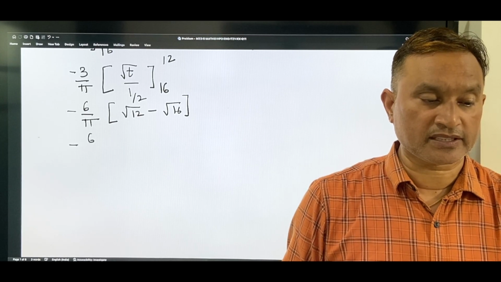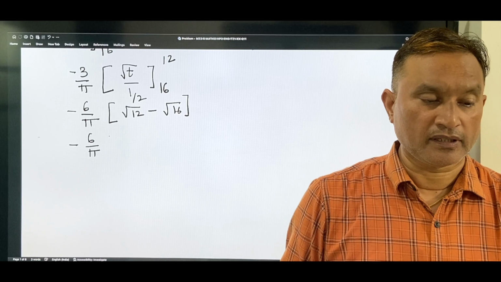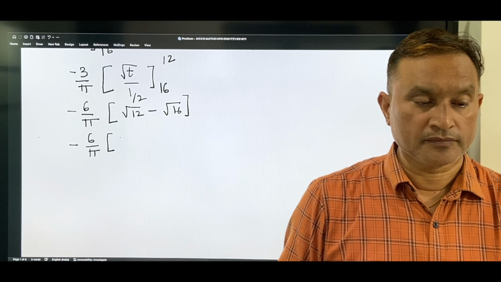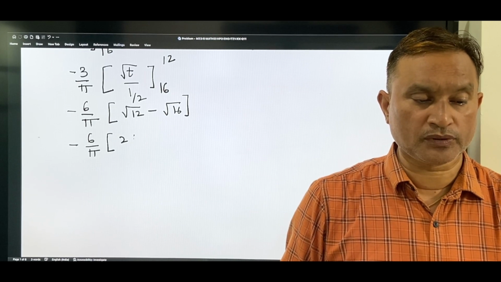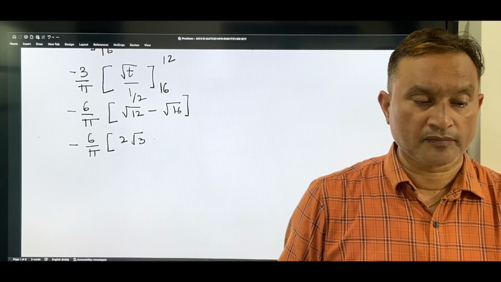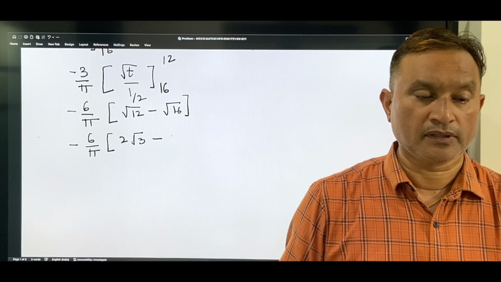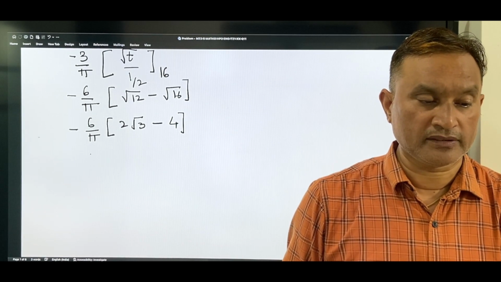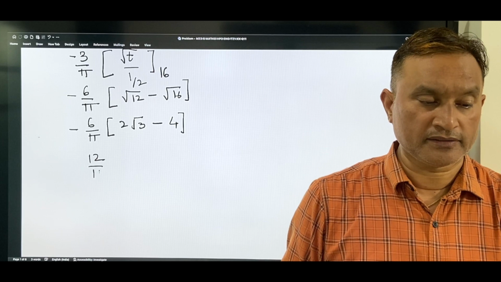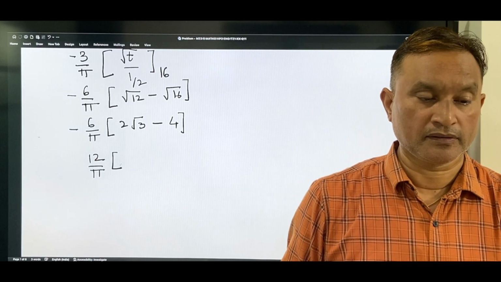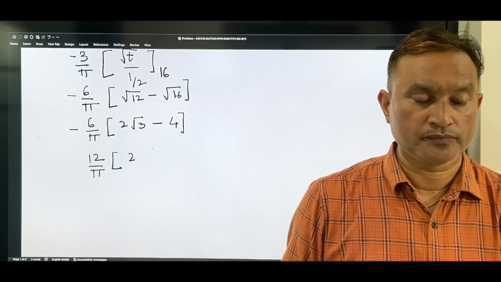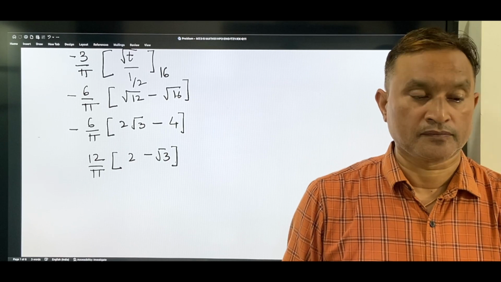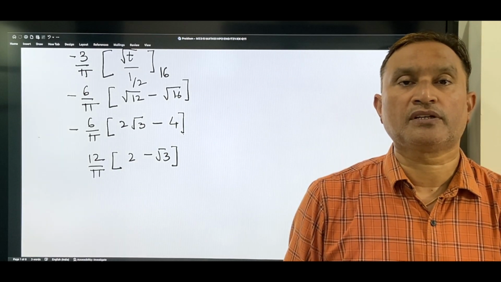So minus 6 upon pi, and here we can write 2 root 3 minus 4, and the final answer would be 12 upon pi times 2 minus root 3. So this is the solution of A part.